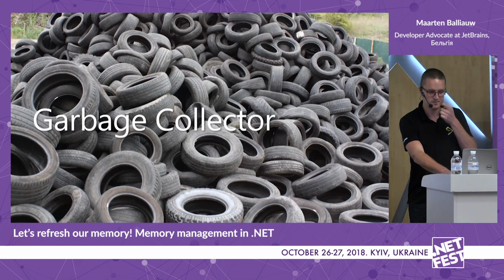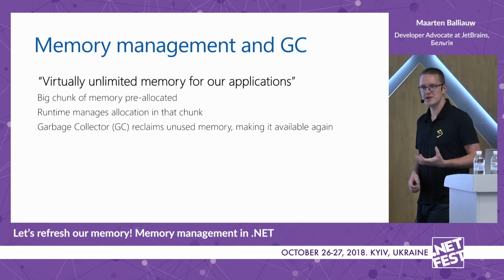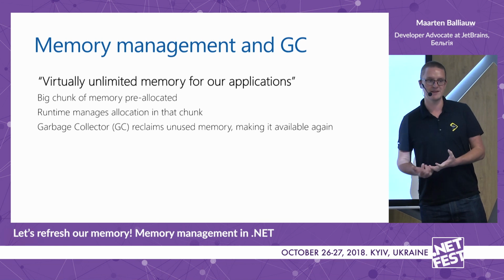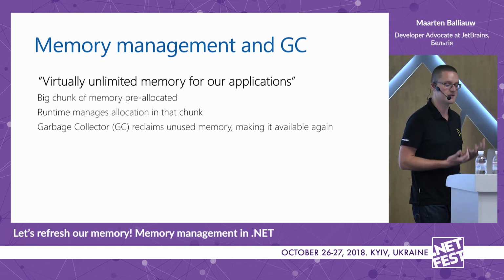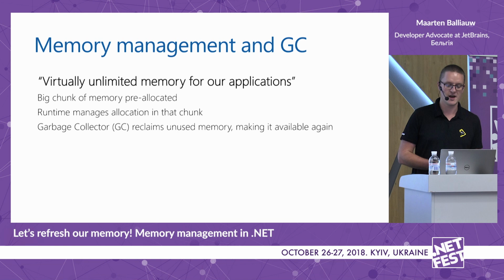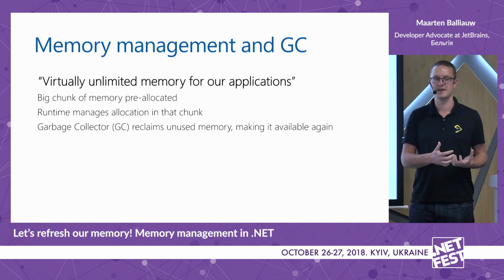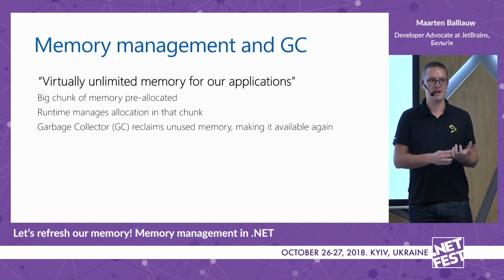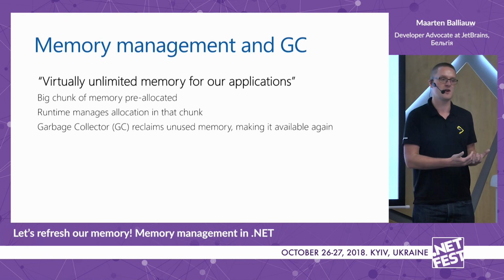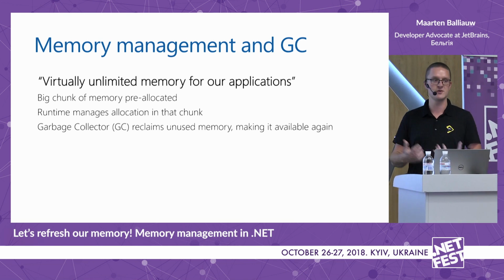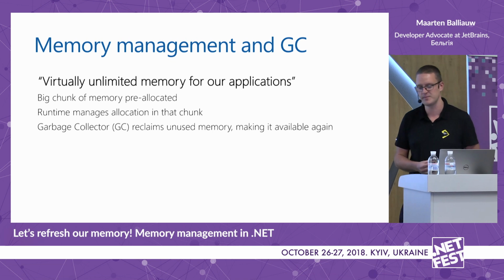If you look at memory management and the garbage collector in .NET, you'll see that its goal is basically to give you virtually unlimited memory in your application. It does that by reserving a big chunk of memory for your .NET application when you start it, so that whenever you want to allocate something, you don't have to go to the operating system and ask for more memory to allocate the variables that you want to have there.